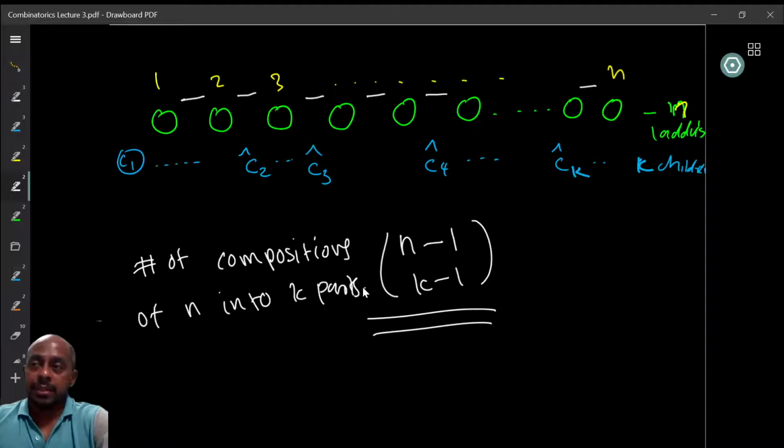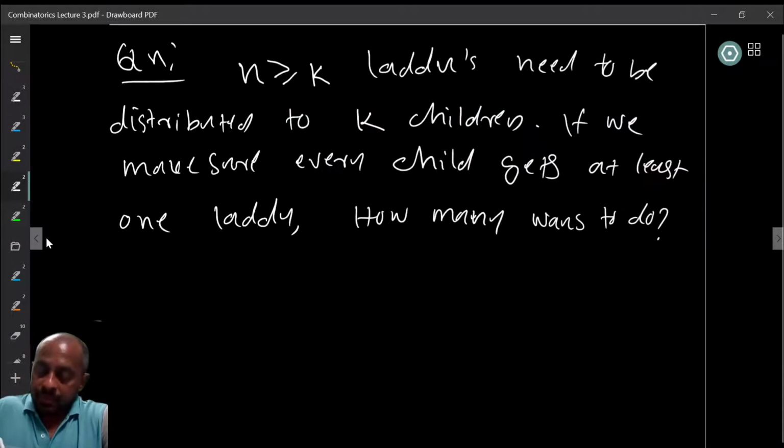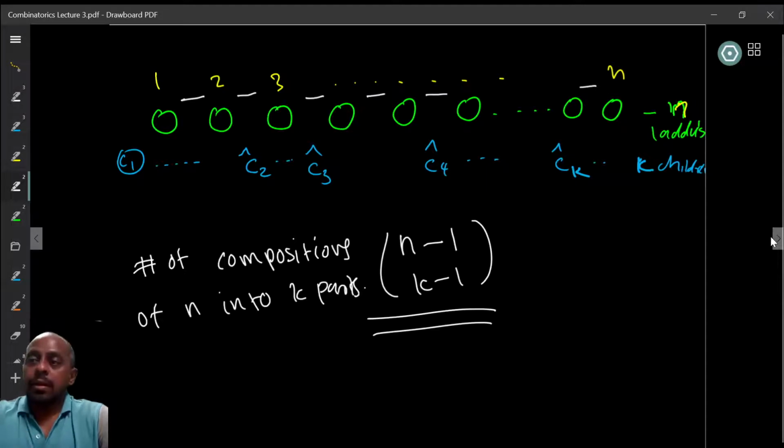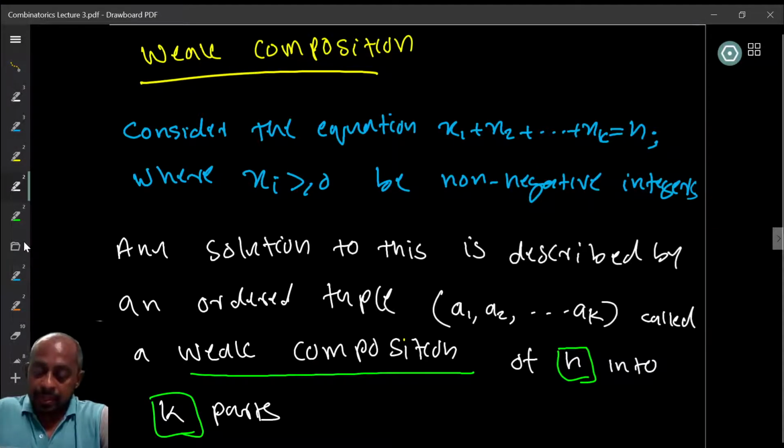Okay. So is that clear? Now, what we are going to do is look at the first question, right? What was the first question? We wanted to look at the weak composition, right?